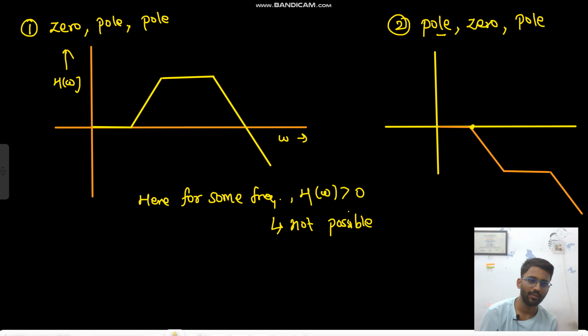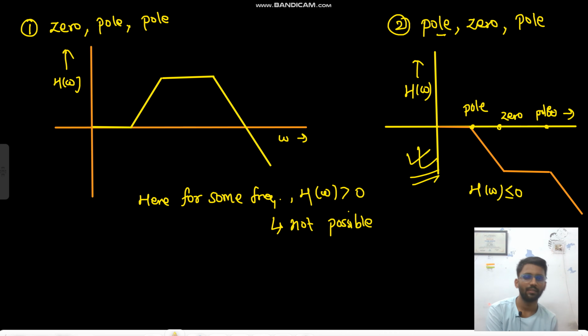Then you had a pole, then again minus 20. So it is always less than, I guess this is possible, right? So H of omega is less than or equal to 0. And first you had a pole, then you had a zero, then you had a pole. So this is possible.